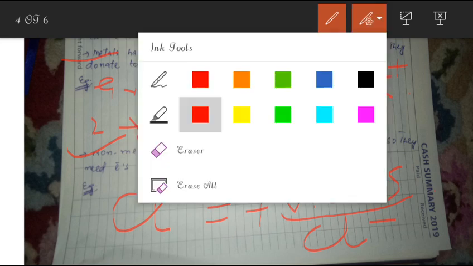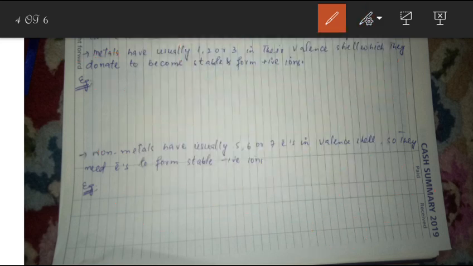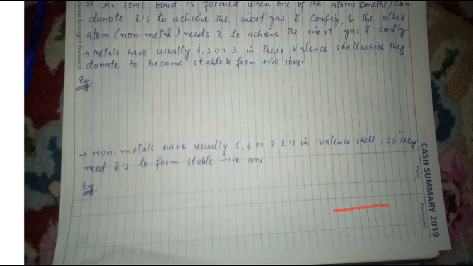I will show you in the examples how metals and non-metals are converted into ions, and how the ions react with each other and form ionic compounds.